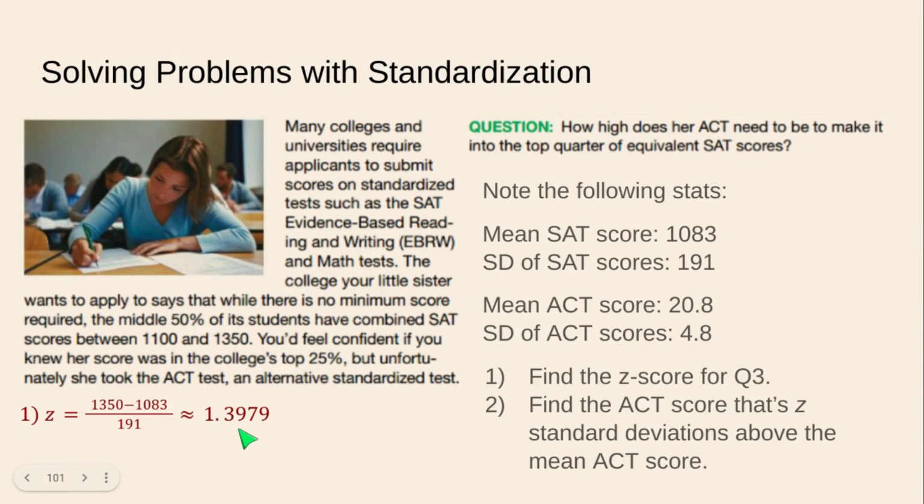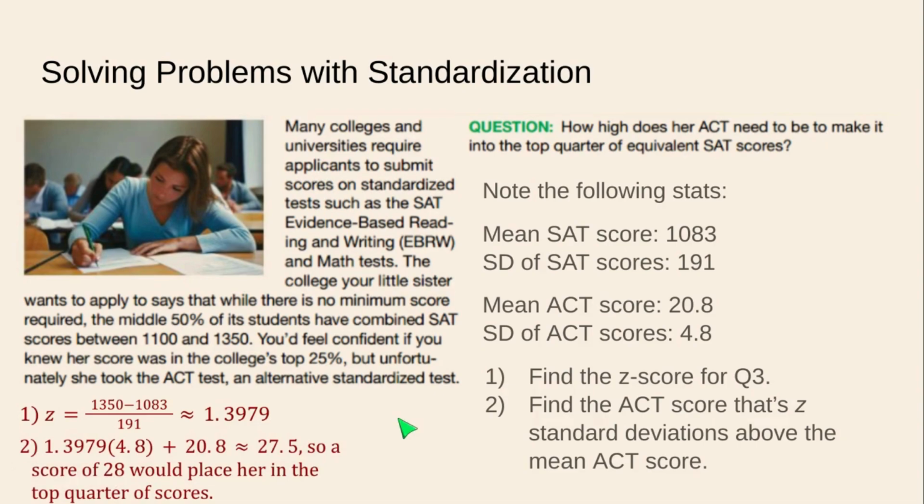So now that I know the z-score, I can take this information about the ACT and find the corresponding score that would get me this high above the mean. And that is what I shall do, okay? So 1.3979 times 4.8, that's my standard deviation. I want that many standard deviations plus 20.8, which is going to be 27.5, all right?